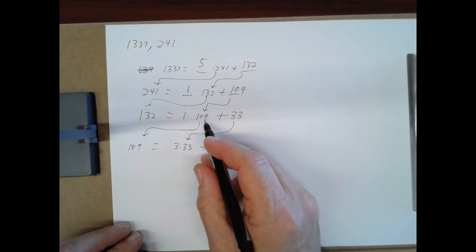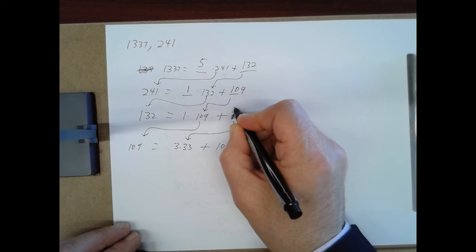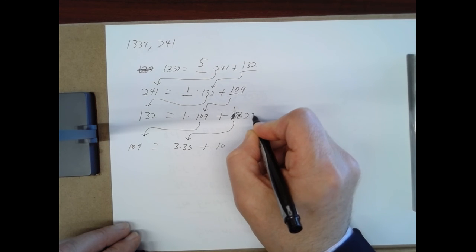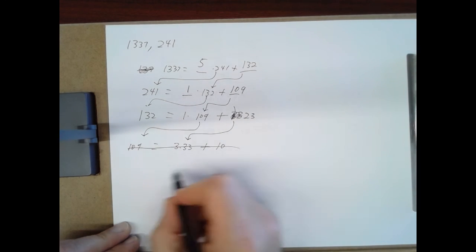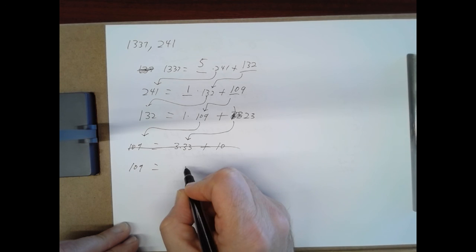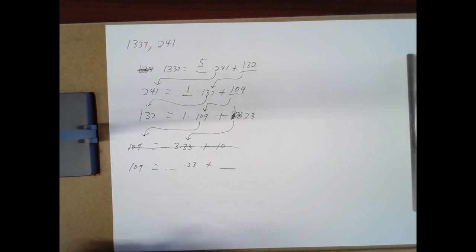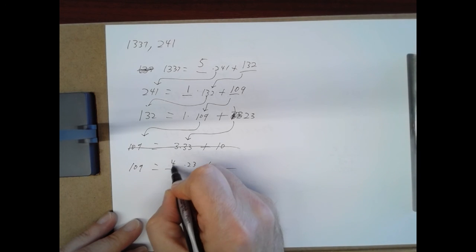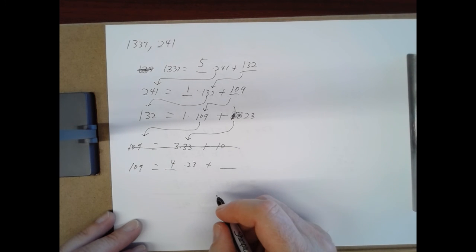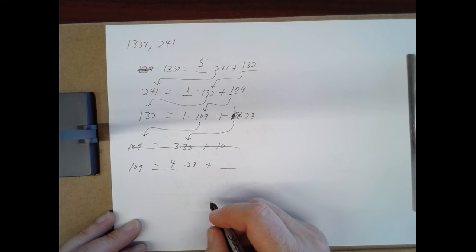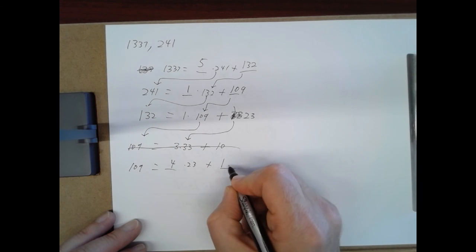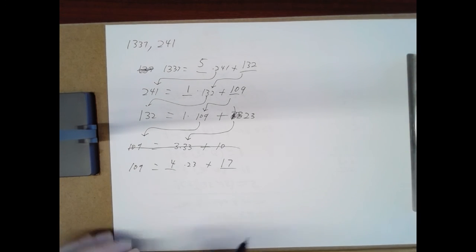Yeah. Good, thank you. All right, so 109 equals something times 23 plus something. So I think this is 4, which is 92, plus 17.